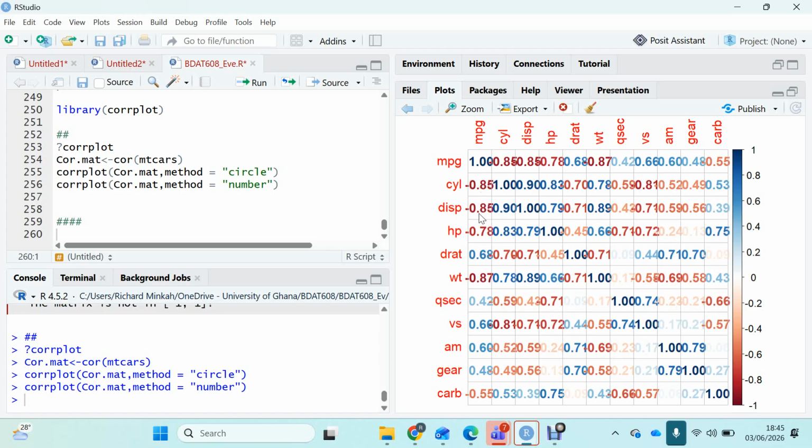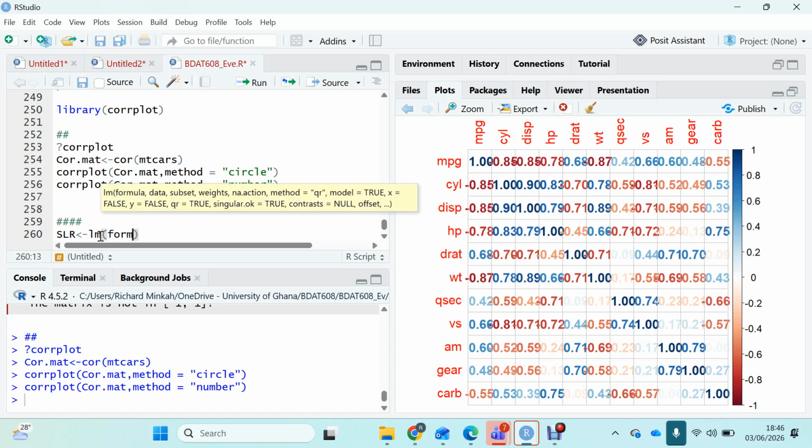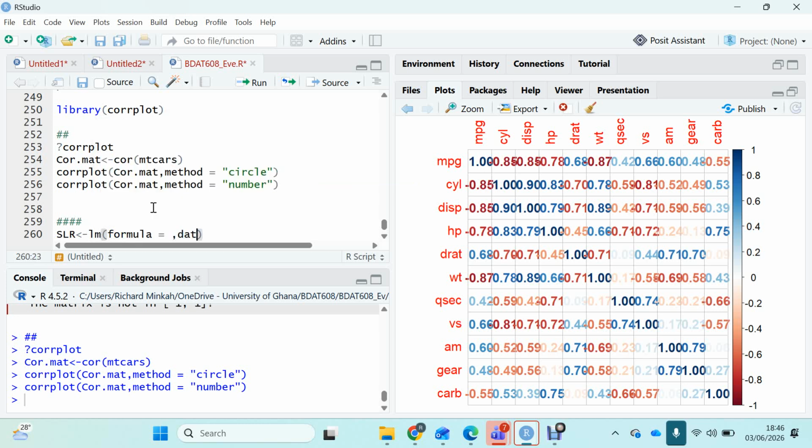Displacement with MPG, negative 0.85. So if you look over here, they are all negative. Weight is 0.87. And then cylinder and displacement are almost the same. Then you come to HP before you go to DRAT. Is that okay? And so forth.